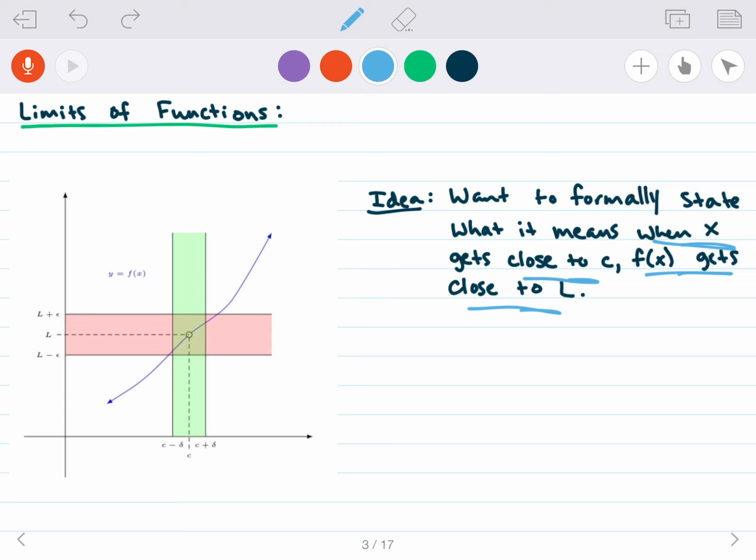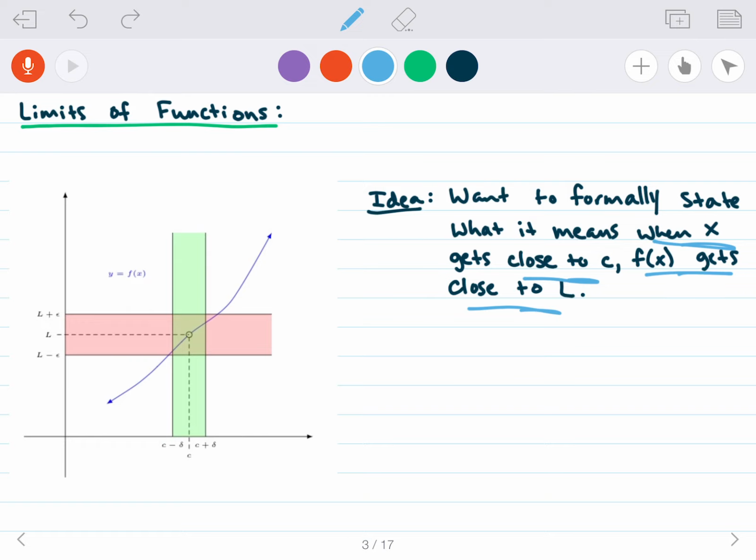Now, remember from Calc 1, Calc 2, and so forth, with limits we do not care if the function is even defined at what we're claiming to be the limit. Okay, we don't care that it's defined or not. But what's important is when x gets really close to that number, f of x is going to get close to the limit, whatever we're calling the limit.